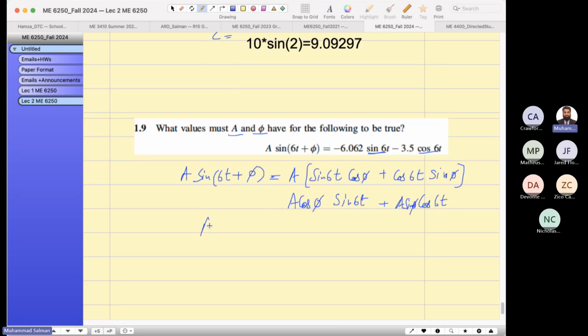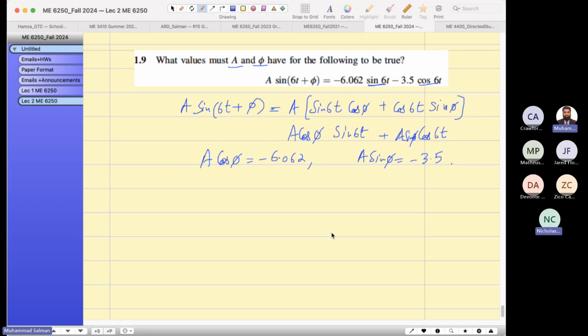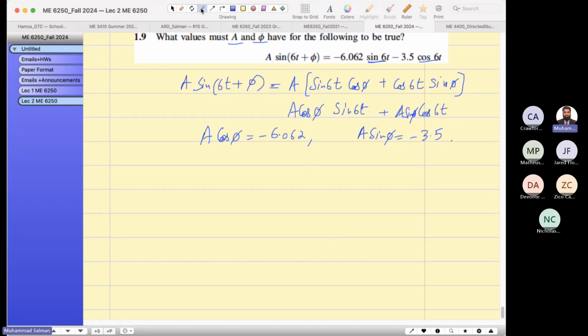So we know from the expression a cosine phi equals negative 6.062 and a sine phi equals negative 3.5. You agree with your professor? So sine and cosine, they are negative, they are in the third quadrant. So this is the third quadrant, this is phi.